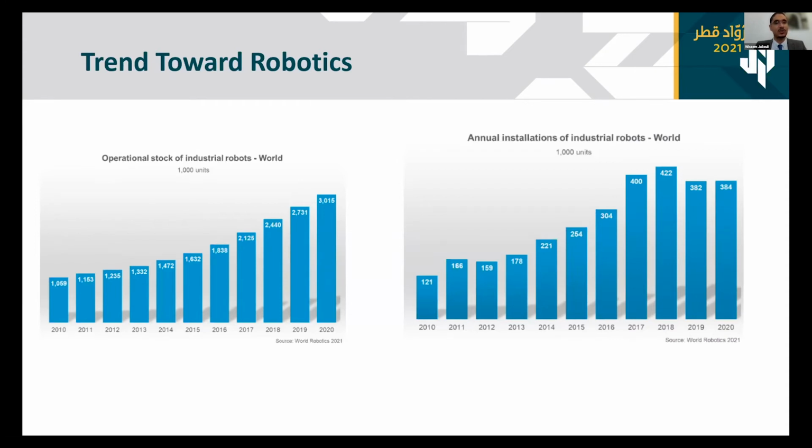And this is a huge step toward automation. The annual installation of industrial robots around the world went from 121,000 installed robots in 2010 to almost 400,000 robots in 2022. So this shows that the world is racing toward integrating more and more robots.